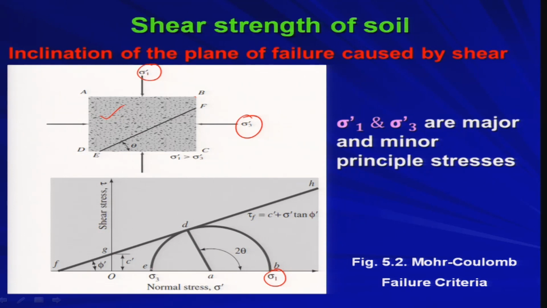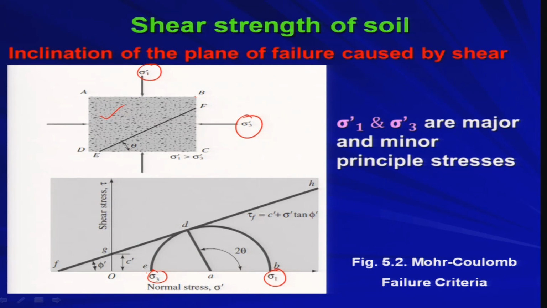Similarly, this point, say E, is the minor principal stress, because again this plane is a minor principal plane, and along that plane your minor principal stress is acting. That is nothing but sigma 3.